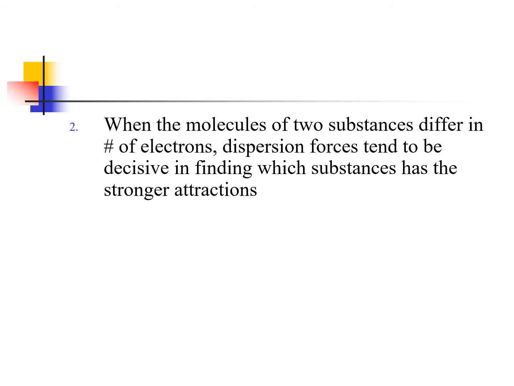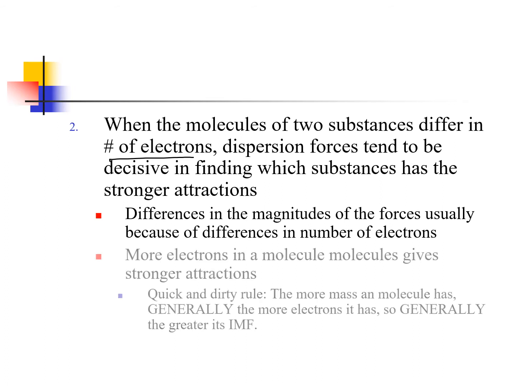Now, when the molecules of two different substances differ in number of electrons, now we can talk dispersion forces. Now there's a difference. And generally, more electrons means stronger dispersion forces.